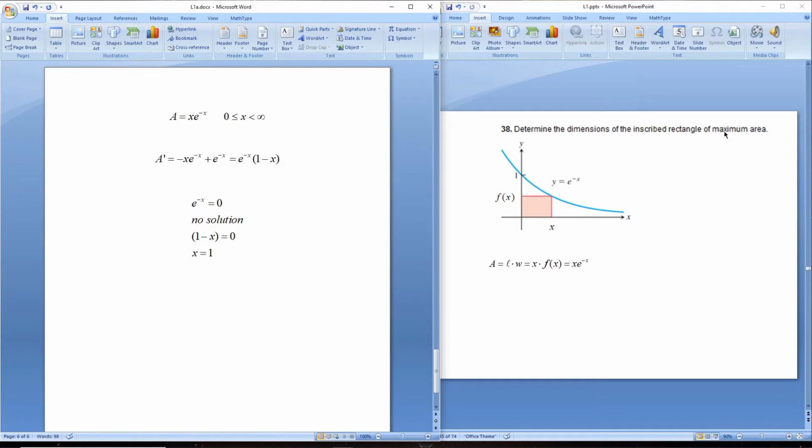We want the maximum area. And between that small and small means our critical number must be then the global maximum. And so what are the dimensions of the box? Well, if x is 1, then the height would be e to the minus 1.